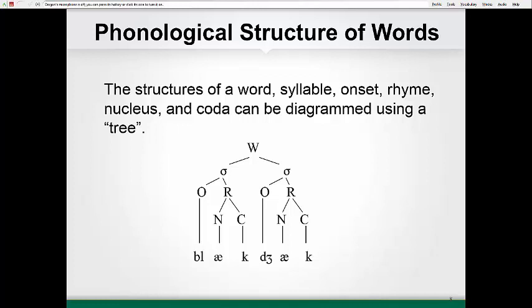Then, the onset consists of any consonants that precede the rime in that syllable. In this case, the b sound and the "ul" sound. So the onset is b and ul, the rime is ak, the nucleus is a, and the coda is k.